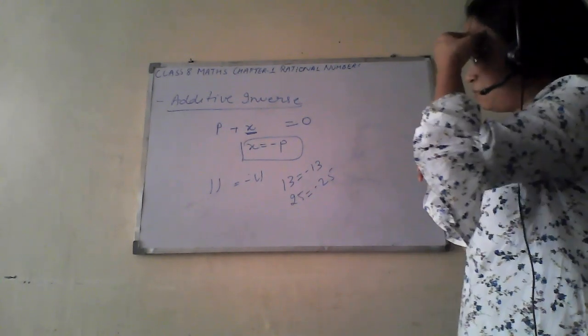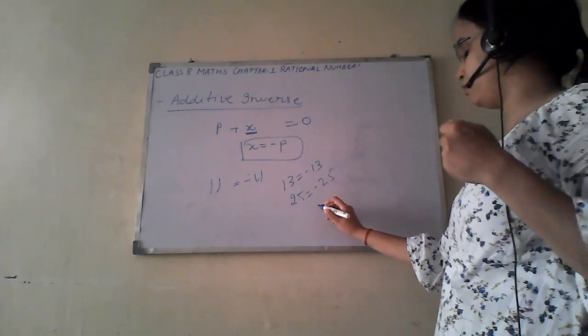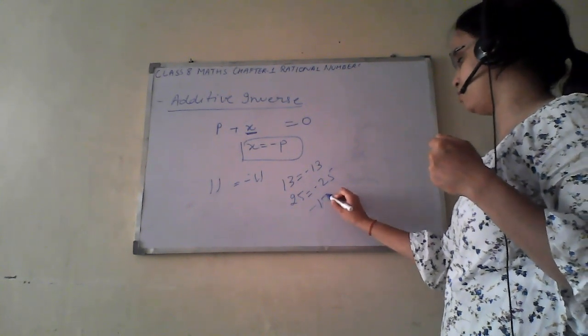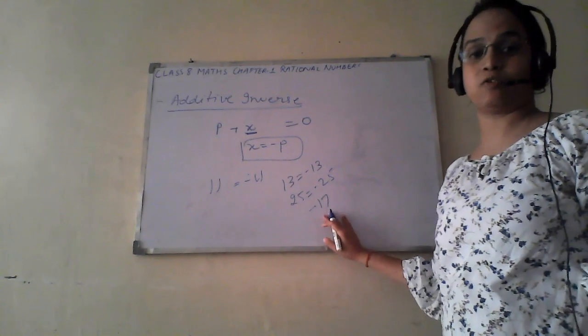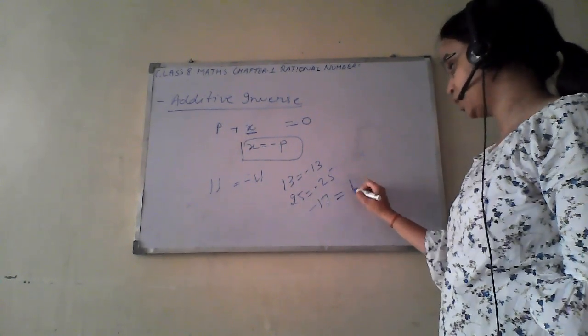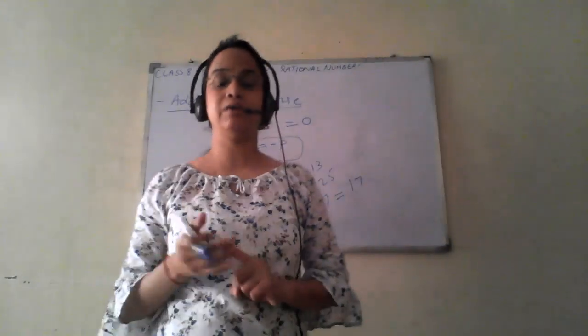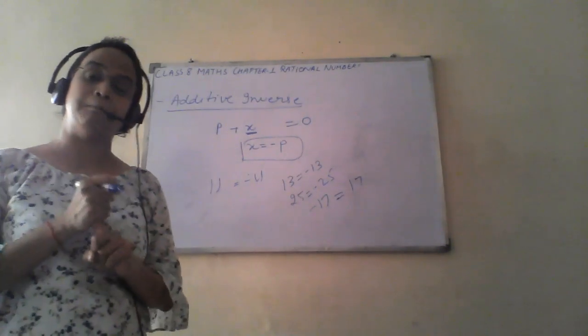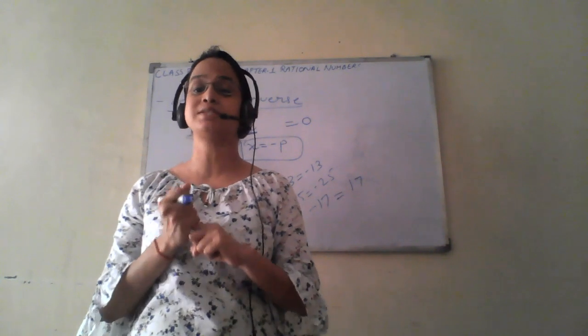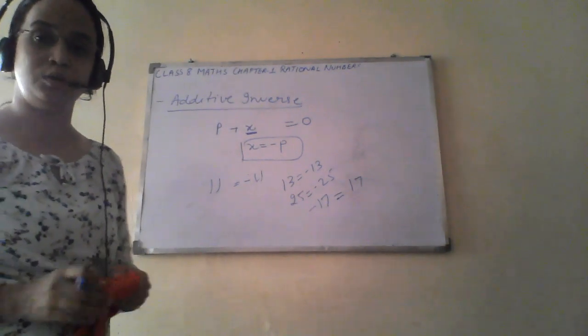Now, we'll take some examples of negative numbers, like if we check for additive inverse of minus 70. What is additive inverse of minus 70? It will become plus 70. So from this discussion we can say that additive inverse of a number is the number itself but with the opposite sign. I hope this is clear to you.